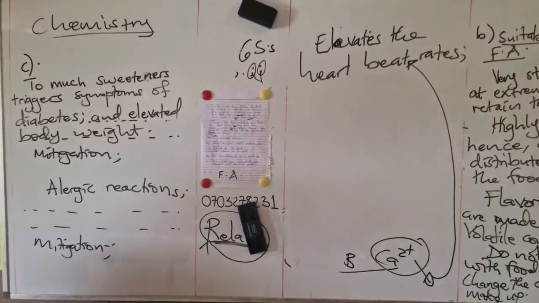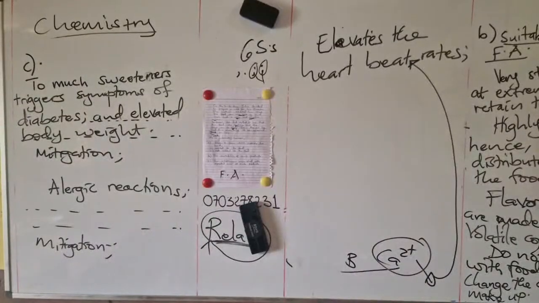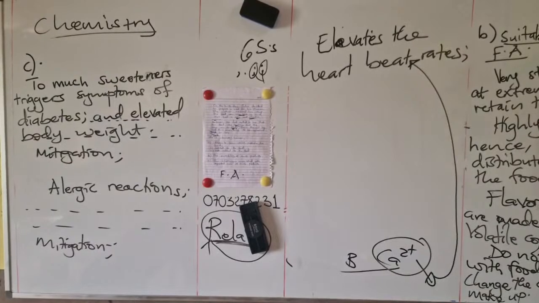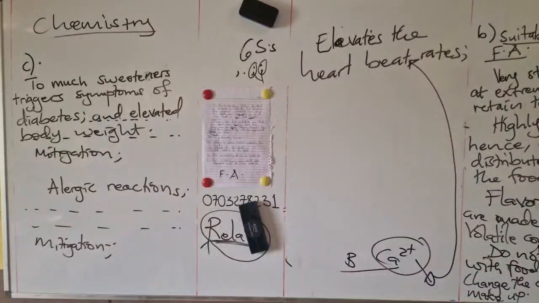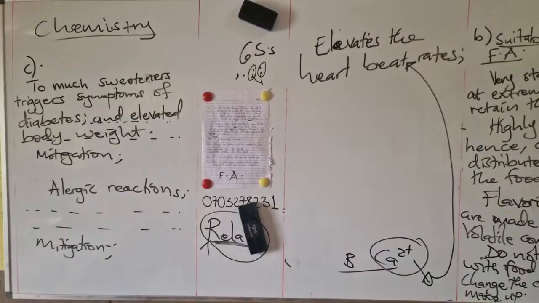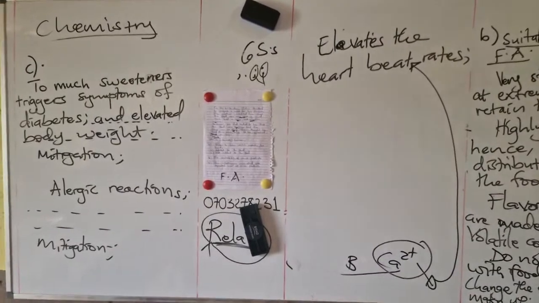So all of those are side effects of overdependence on such food additives. And many others, people. I don't want to be a dictator. So there is a question here. Food additives quicken the rate of food spoilage. Yes.